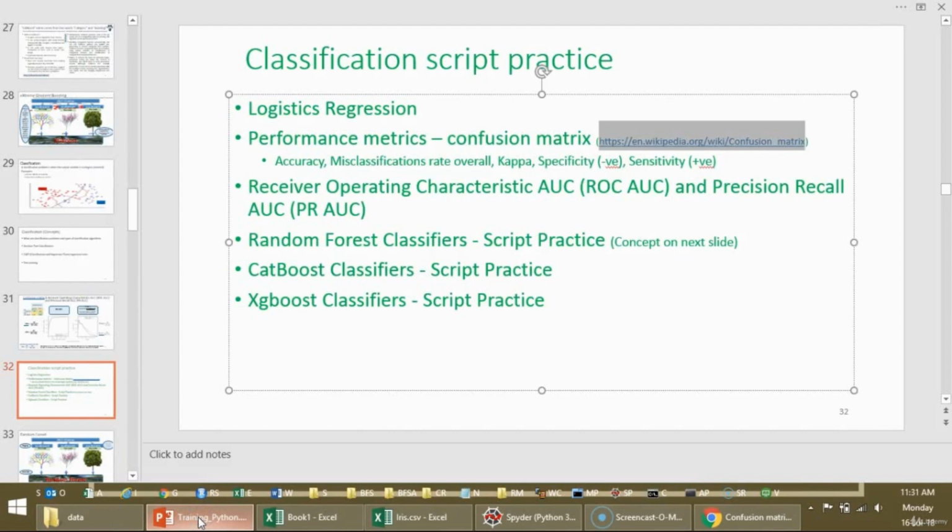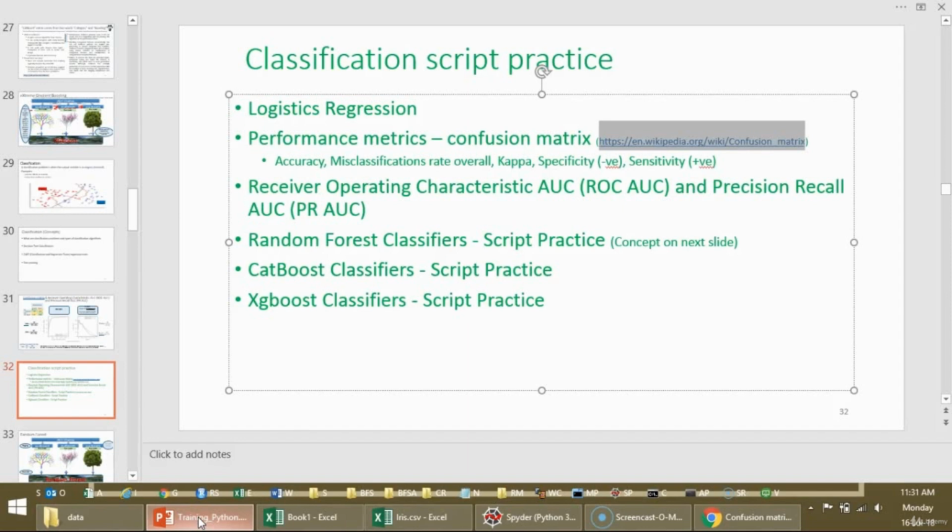Also, if you are solving any classification problem over the next 2 to 3 months, please revisit the literature on Wikipedia or some other source. Do not assume that you remember everything. Do not get into that kind of overconfidence, because this matrix looks very simple, but it is highly confusing in the beginning. So do not go into overconfidence mode.